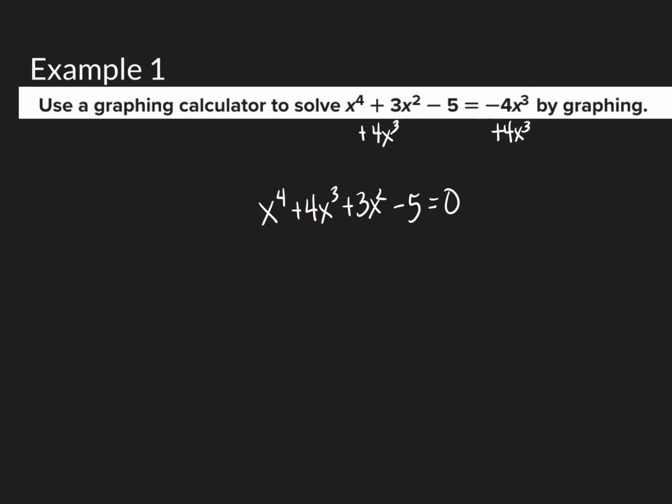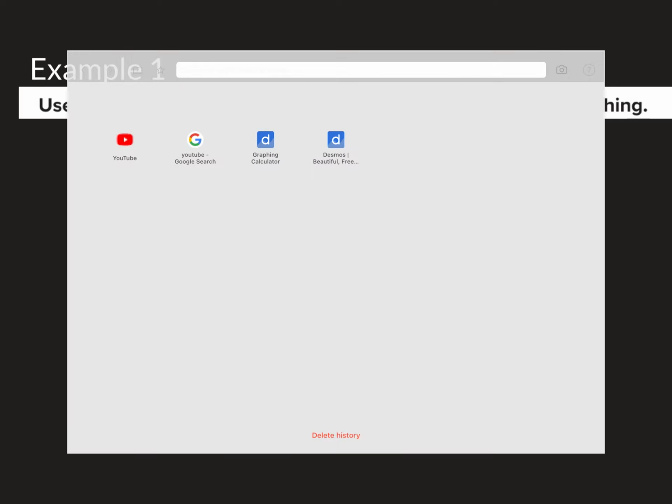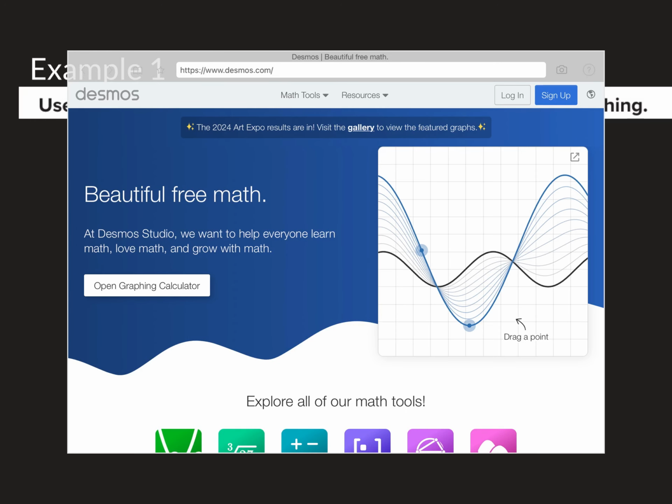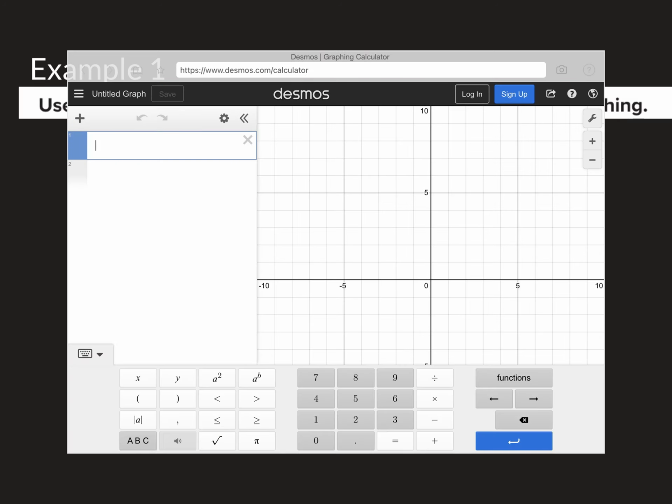So I'm going to grab Desmos, and we will graph that equation. There we go.